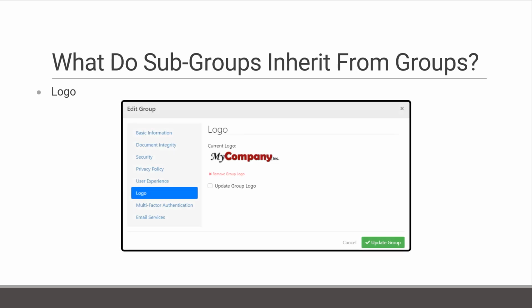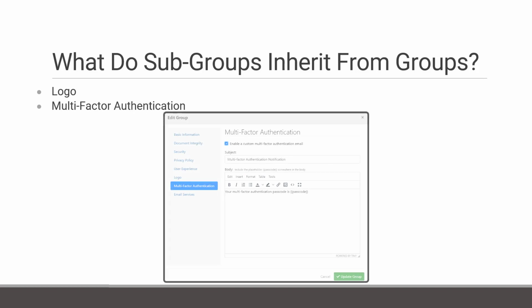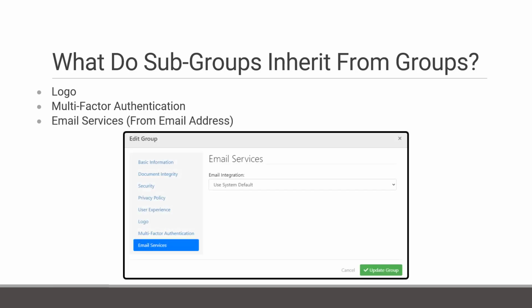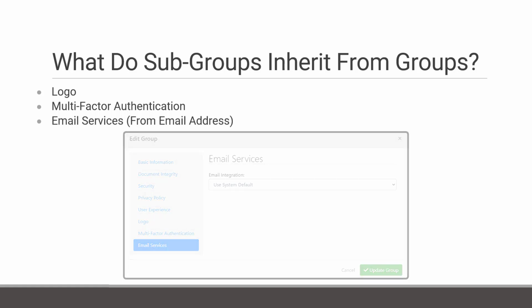Subgroups inherit certain items from their parent group. Subgroups will automatically inherit the logo from the parent group. They will also inherit any multi-factor authentication settings, such as enabling a custom multi-factor authentication email. In addition to multi-factor authentication, email services are inherited as well.